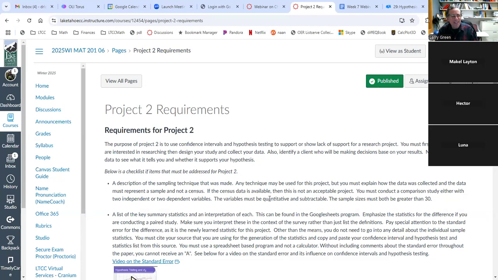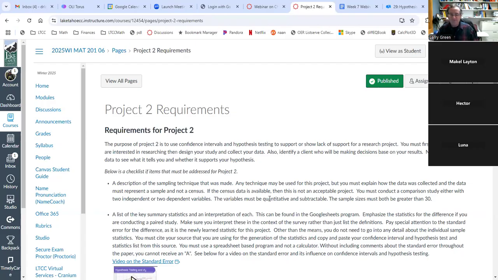So basically this is going to be all about the hypothesis test and the confidence interval. You are going to have to use a sampling technique, but you're allowed to use convenience sampling if you want to. Nothing like the last project. The last project was all about the sampling technique. This one, you just have to state what it was, and that's basically it. You don't even have to survey people.